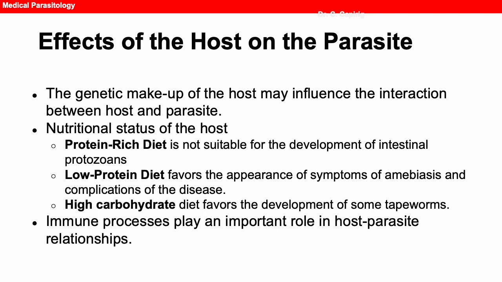That is why in patients with HIV, or human immunodeficiency virus, if their viral load is too high and their cluster of differentiation 4, or CD4, cell count is very low, they are at risk of developing parasitic diseases.